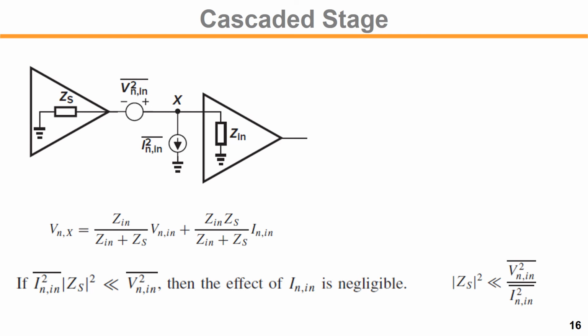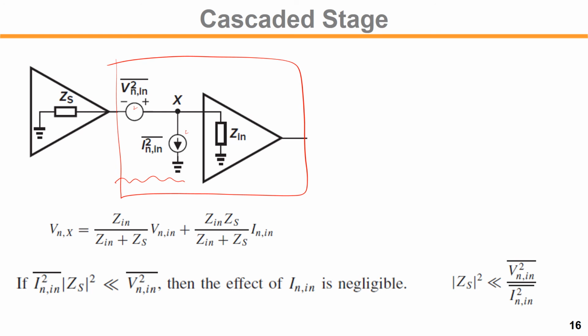Now we found that the proper way of representing noise of the amplifier is to include both noise voltage and current. Now if something else in a previous stage is driving our stage with the source impedance of GS, let's calculate the X node voltage at the input. That would be what? The X node noise voltage is influenced by this noise voltage and current. So in that case, Vnx node voltage would be what?